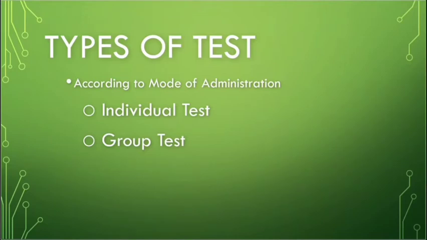Of course, you need to test them individually if you would like to know who's gifted among them, who has learning disabilities such as dyslexia, dyscalculia. Dyslexia relates to reading, dyscalculia relates to numeracy skills. We also have dysgraphia, which relates to writing, dyspraxia, dysphasia, visual or auditory processing. So these disabilities could be identified if we test them individually.